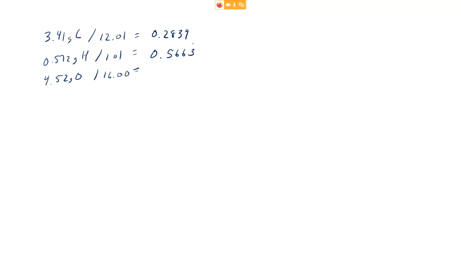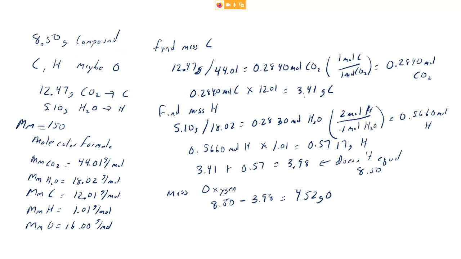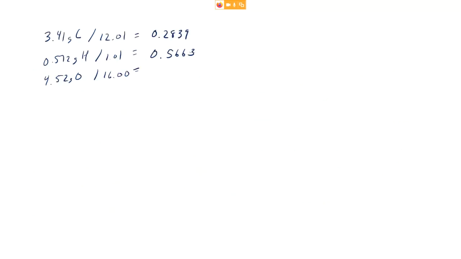See these two numbers, 0.2840 and 0.5660? If I didn't have the possibility of oxygen, I could have stopped there and divided by the smallest. It would have given you an answer right there, but because there was possibly oxygen, I had to keep going.